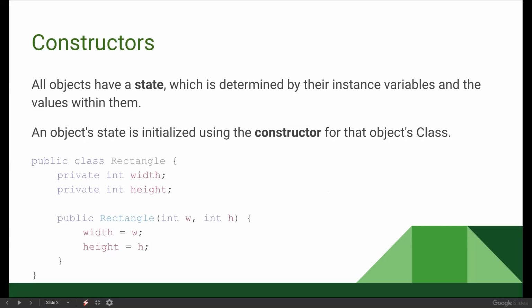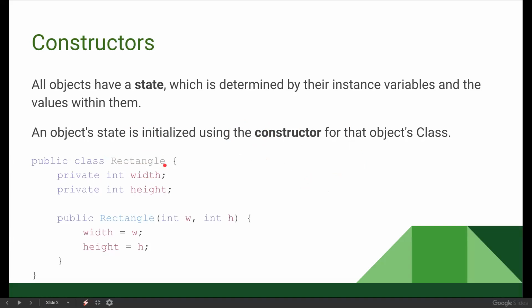All objects that we create are going to have a state, which is determined by their instance variables and the values within those instance variables. And the state of an object is initialized when we call the constructor for that object's class.